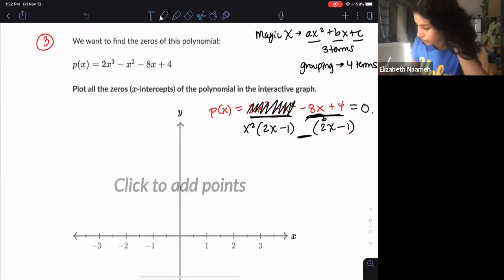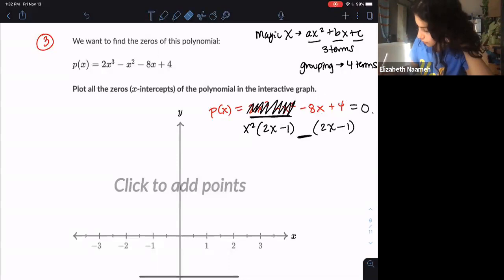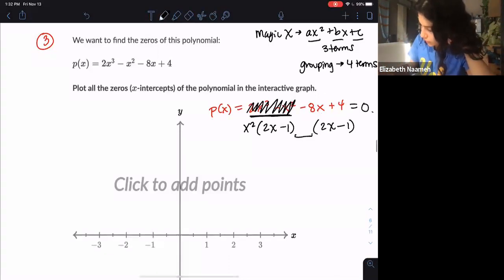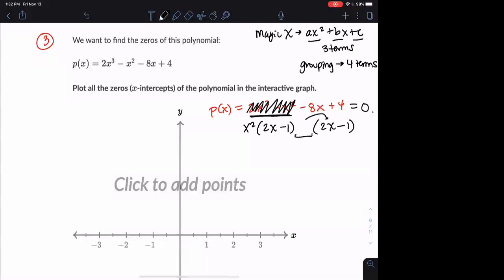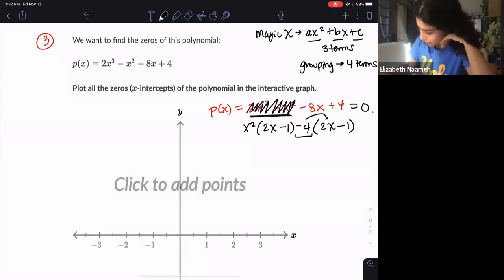What number times 2x and times -1 would give me -8x plus 4? What's some magic number? What goes here that when I distribute 4, close, not quite. That's -4. There we go.